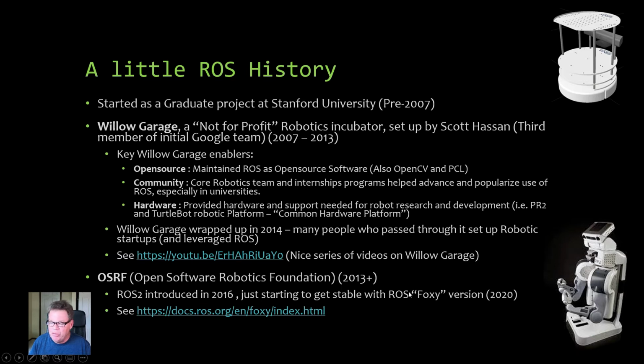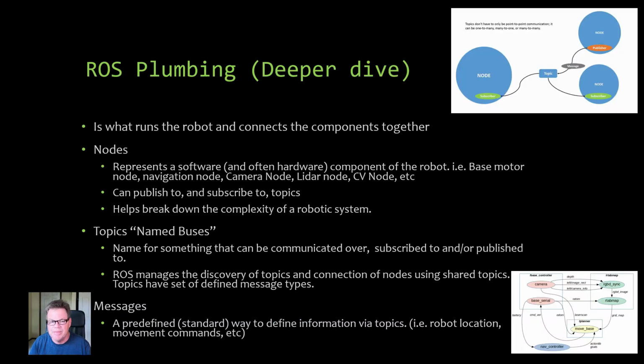That's been going on for the last 4 or 5 years, but a really good stable version of ROS2 is the Foxy version, and that was released in 2020. There's also a link again on the ROS.org page to the Foxy specific ROS2 instance.